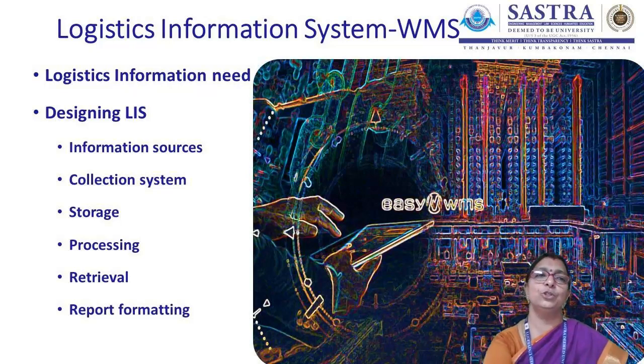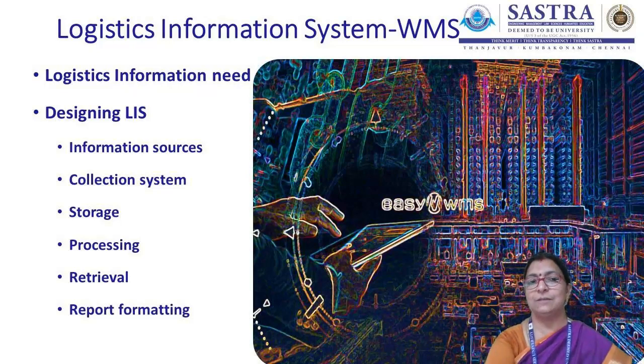What are the information sources? There are two basic sources in the context of any information system. One is our external customers or the agencies with which the company has a business relationship.